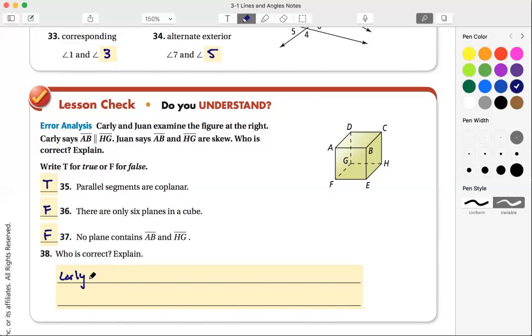And the reason I would say the segments are parallel is since they do not intersect and are coplanar.